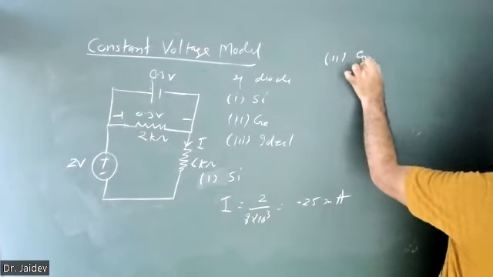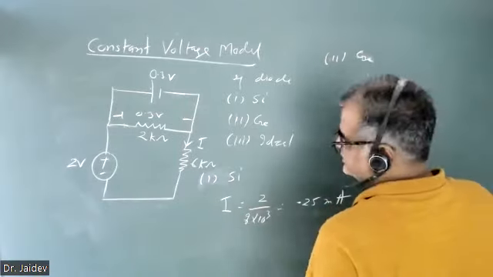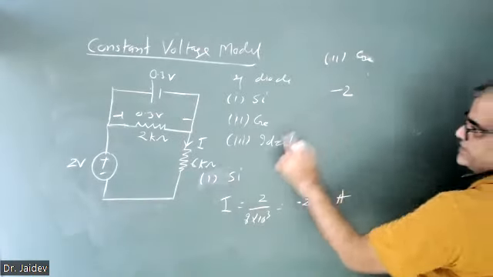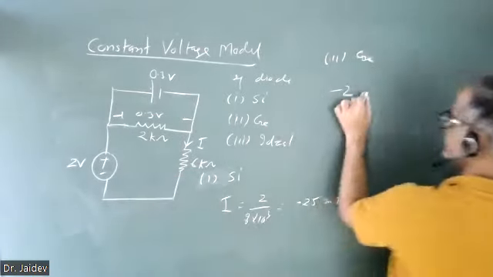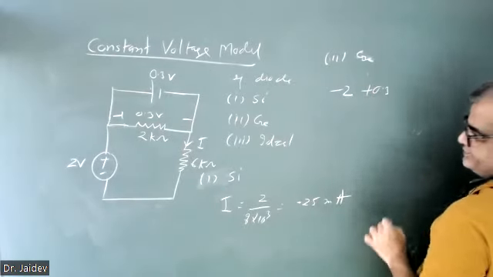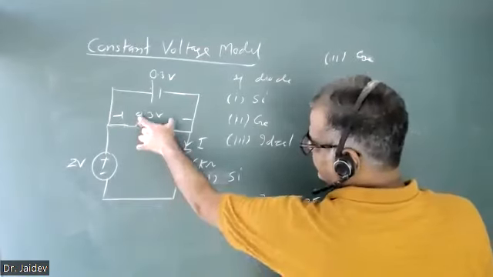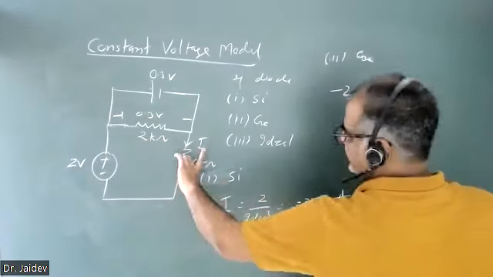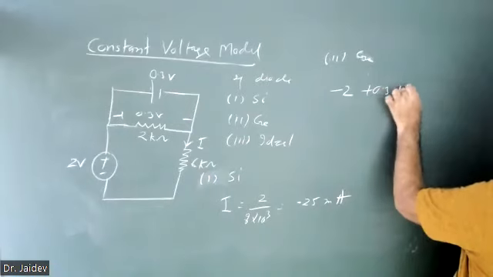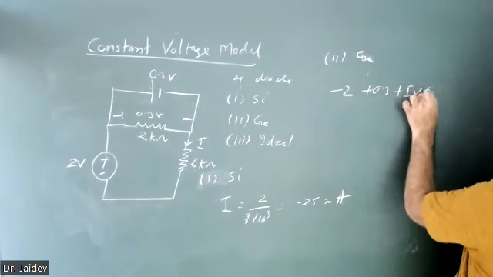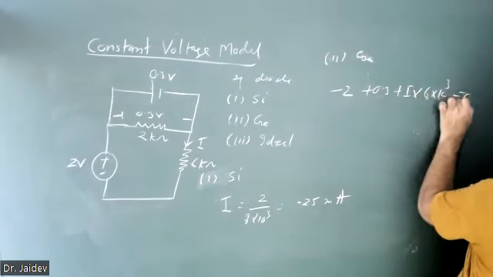For germanium, this is the circuit. So you can write the KVL: -2 plus 0.3 volt. You don't require current here, because you already have voltage, and then you have I into 6 kilo ohm equals 0.